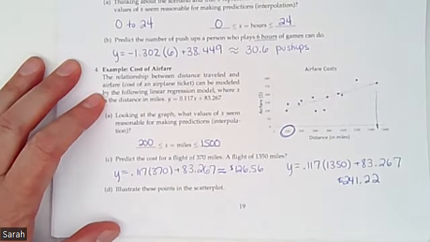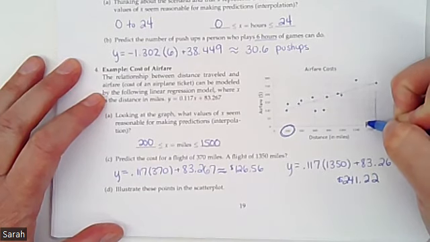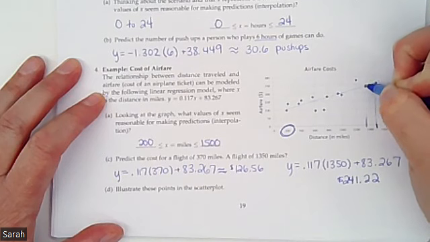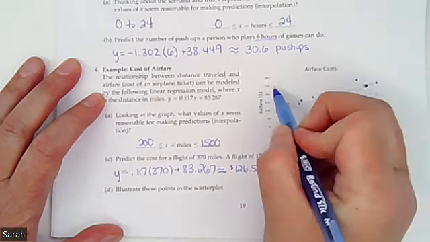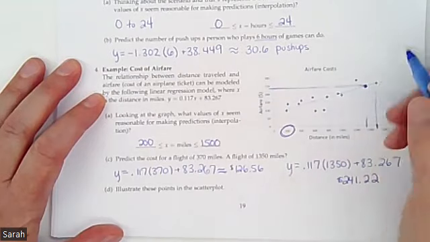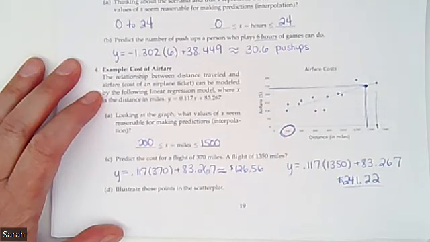And then in terms of illustrating these, if I'm looking at 1350, that's probably right about here for an x value, and there is my y value, and that sure looks like it is really close to 250. So 241.22 seems reasonable.